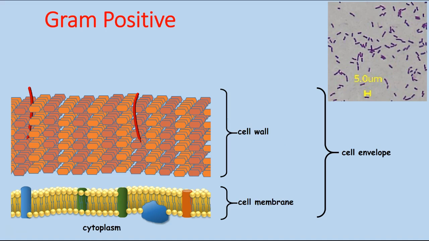Included in this thick peptidoglycan layer are the wall-teichoic acids, which are covalently linked to the peptidoglycan's NAM monosaccharide. They will also have lipoteichoic acids, which are anchored to the cell membrane by the glycolipid moiety.